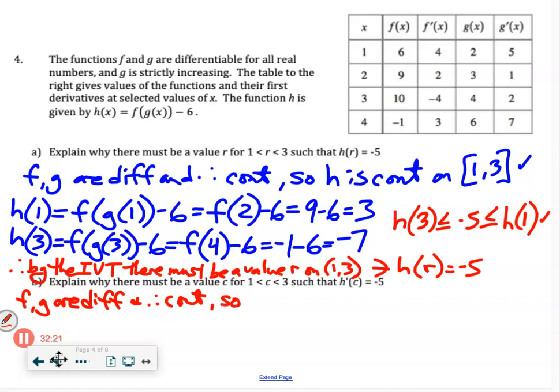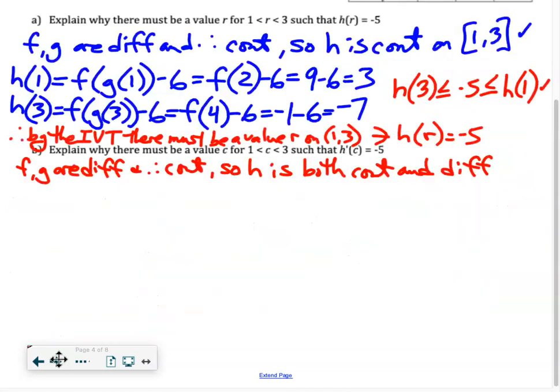So h is both continuous and differentiable. Technically you're continuous on the closed interval, differentiable on the open interval, but it's really technically differentiable and continuous for all real numbers because they said that, so whatever interval you put would have been correct.